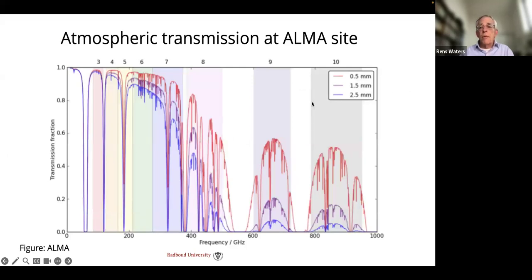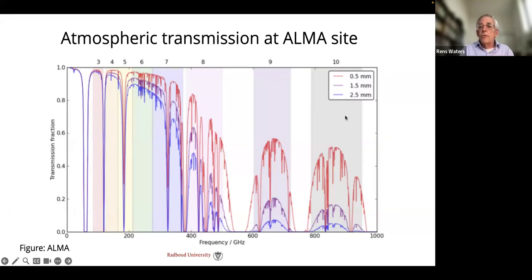Here you see the different spectral bands of ALMA. This is a plot of frequency on the horizontal axis and transmission on the vertical axis, and unfortunately there's still a lot of interference from the Earth's atmosphere, so ALMA has been designed to detect in spectral bands where the atmosphere is transparent. You can see the band numbers going up with increasing frequency, or going down with lower wavelength.